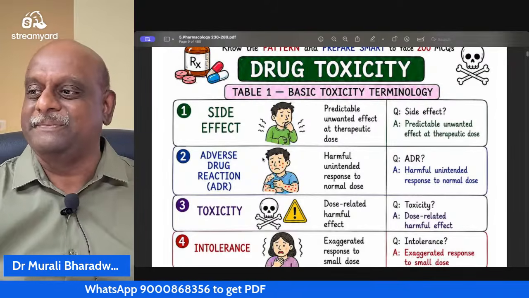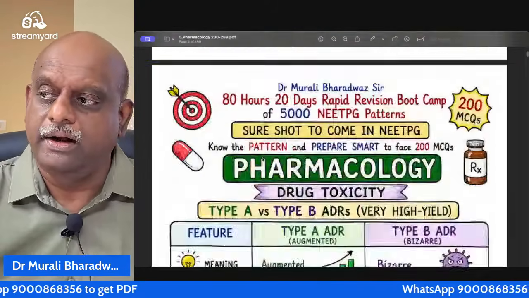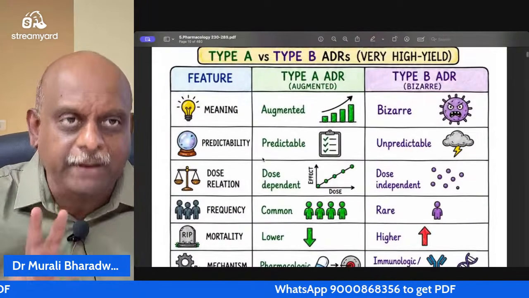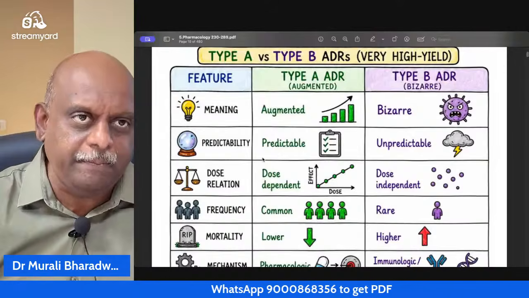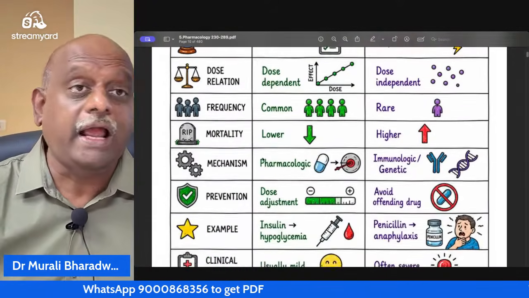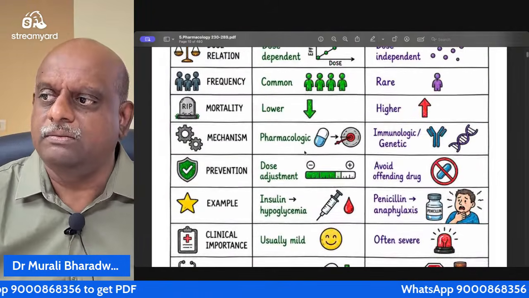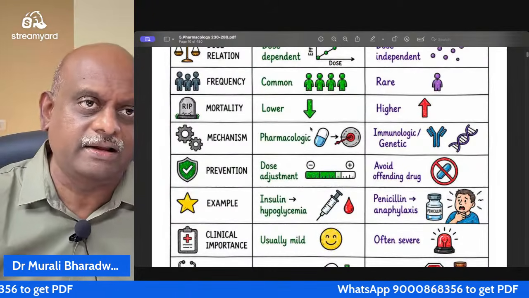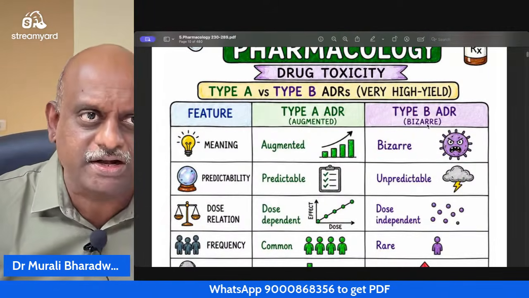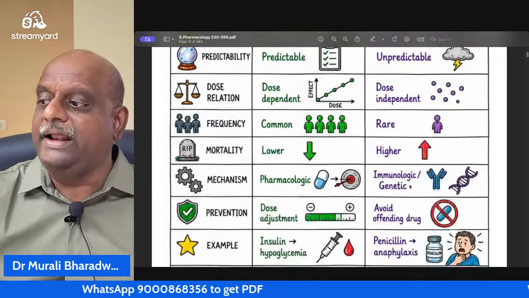So be very sure. So doctor, if you look at drug adverse effects, there are two types, type A and type B. Type A means augmented, type B means bizarre, unpredictable. Type A is dose dependent, very common, and mortality is lesser, whereas idiosyncratic drug reactions, which are type B, are dose independent and mortality is high.